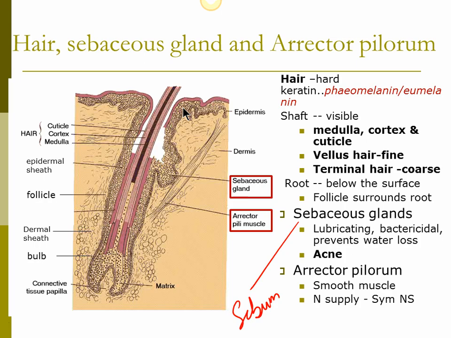If you remember, one of the functions of skin was to conserve water or prevent water loss. So this is how it does that. So not only does it lubricate the hair, it has bactericidal properties, prevents growth of bacteria and coats the surface of the skin with oil. So it prevents water from evaporating, so conserves water and hence helps to prevent water loss.